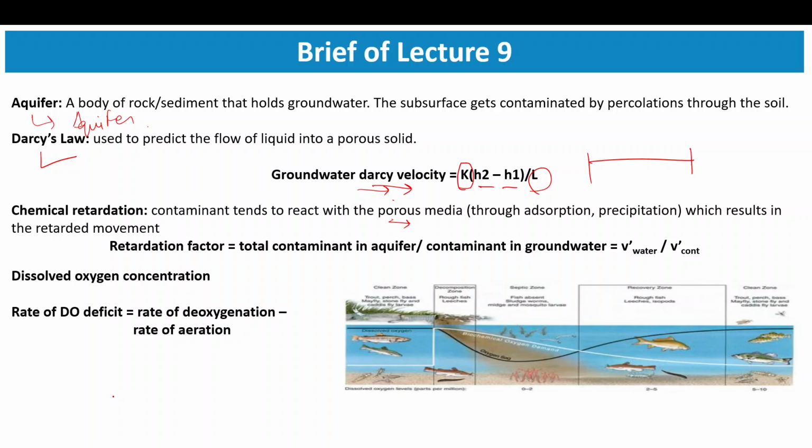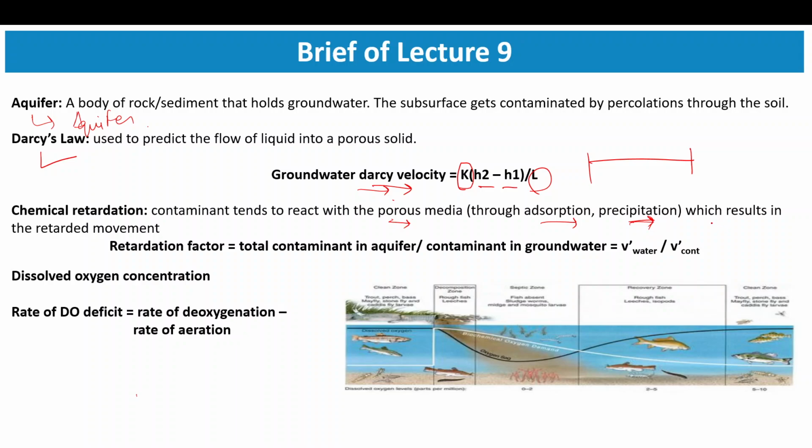Soil is also one of the natural adsorbents present, and it will adsorb a few organics or microorganisms and so on. Due to adsorption, or some solubility change inside the aquifer, there will be precipitation of that contaminant.